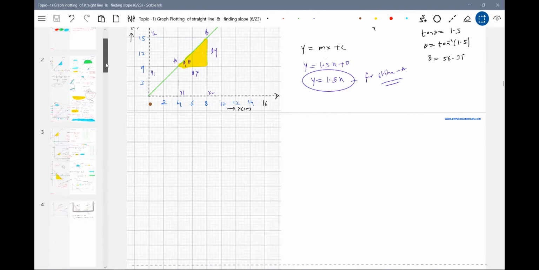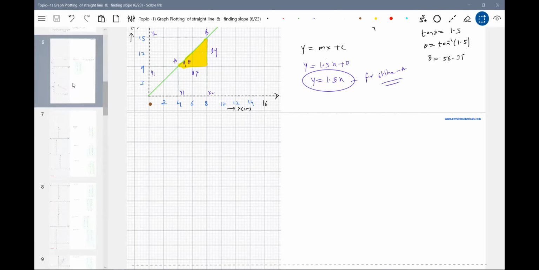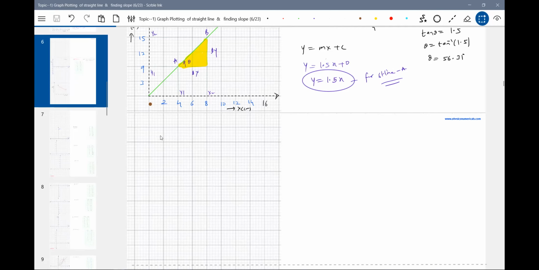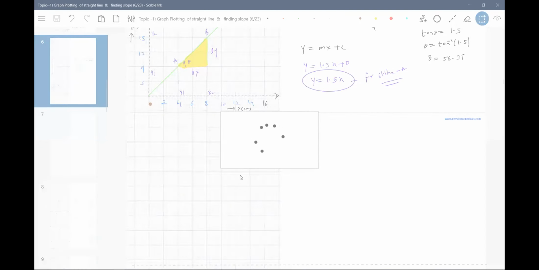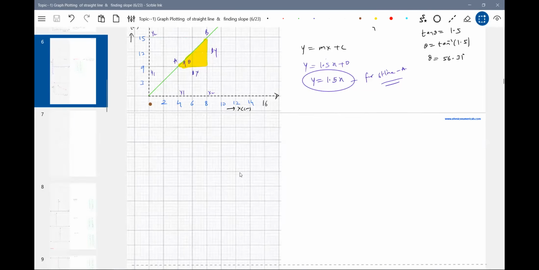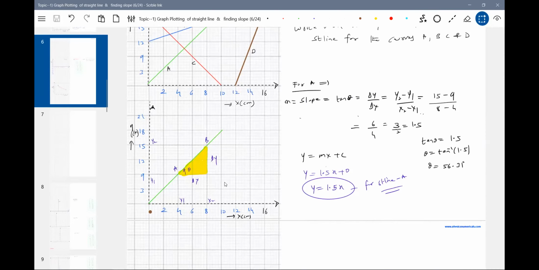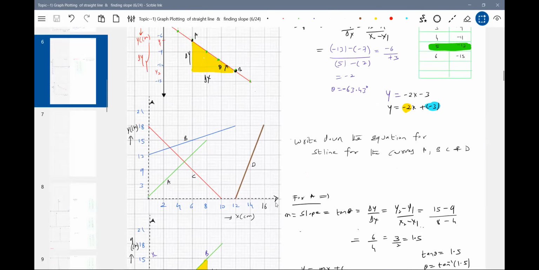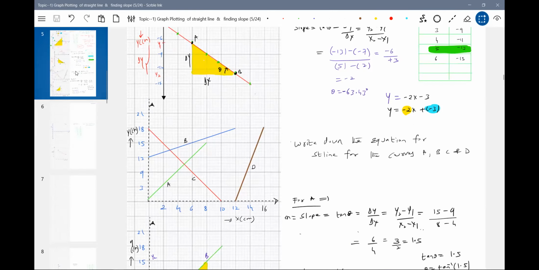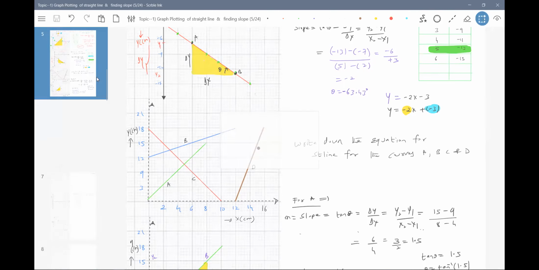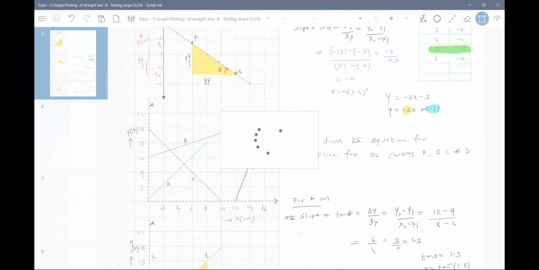Let me save all the content. Let me introduce one extra page.